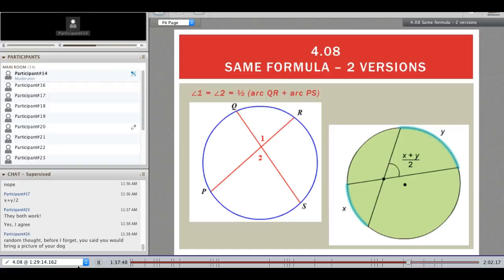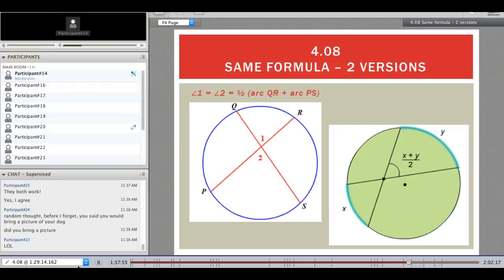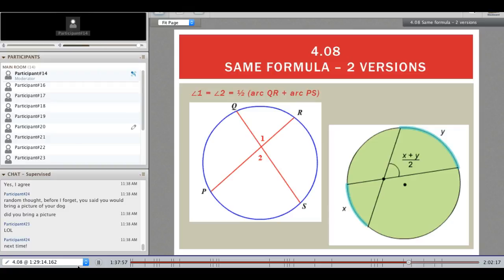Oh, I totally forgot about that, Ichiro. Okay, how about next time I will bring a picture of my dog. I gotta write this on a note, because if I don't, I will forget. And I also had a picture of the car, but I didn't have that either, so I will do both. Okay. Sounds good. Thank you for reminding me.